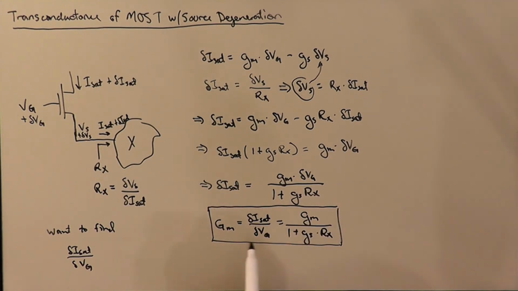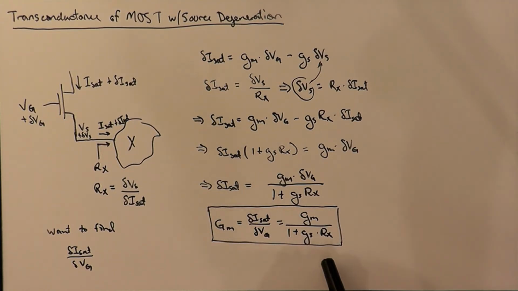And so relative to the transistor by itself, the transconductance gain of the source degenerated transistor is always going to be less than the GM of the undegenerated transistor, which is just up in the numerator. So we're taking the undegenerated transconductance of the MOS transistor and dividing it by something that is larger than 1. And so we're always going to be degrading it relative to what it would be.